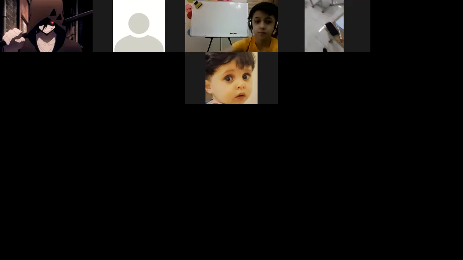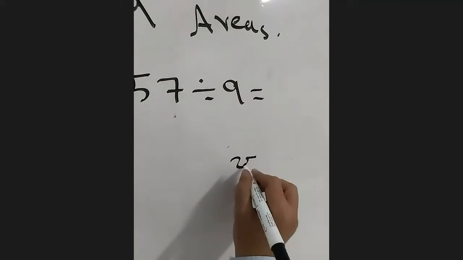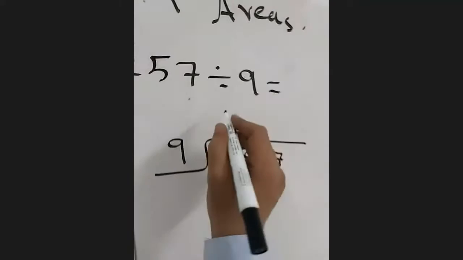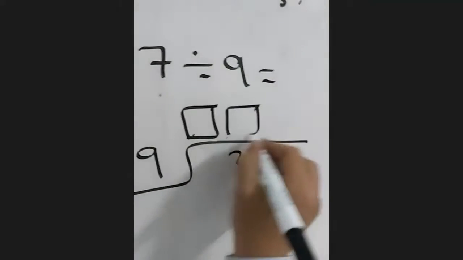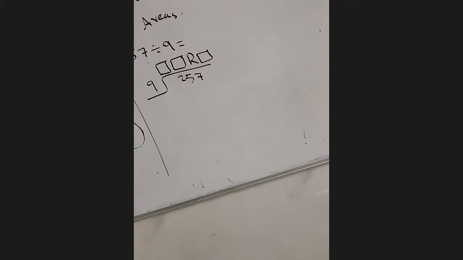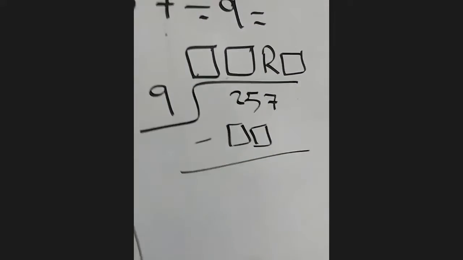Now here in the example, guys, you have long division and empty squares, right? Let's fill the empty squares together. Now we have 257 here divided by 9. Let's put the squares up. We have 2 squares with remainder. And down here we have 2 squares under 2 and 5. Then minus.